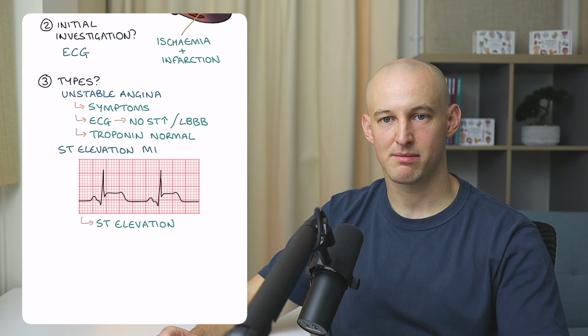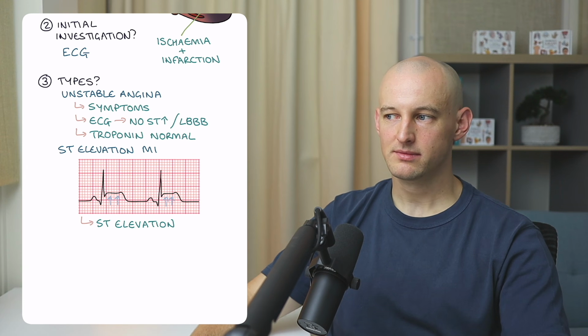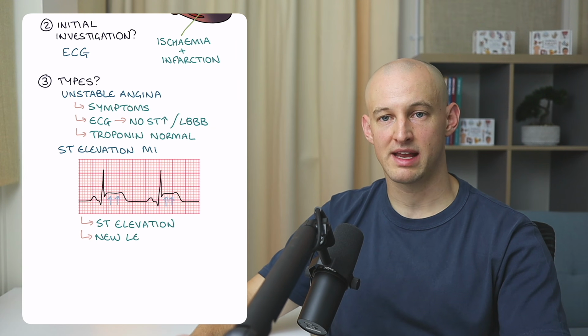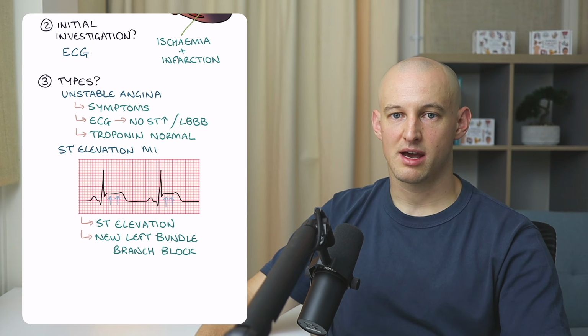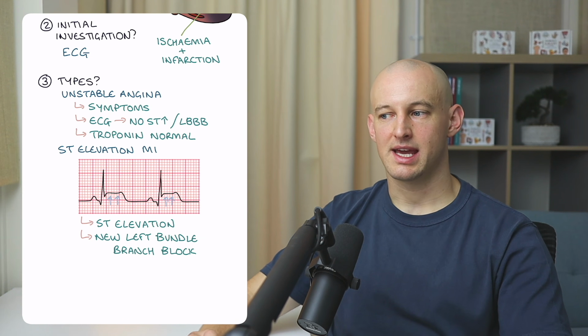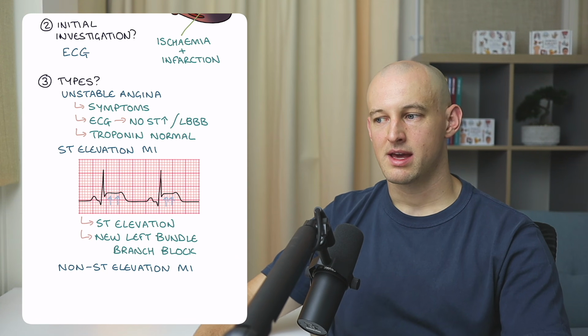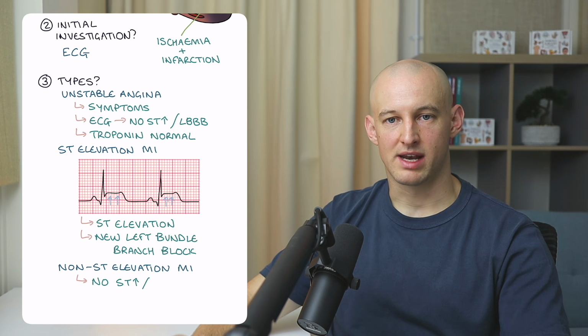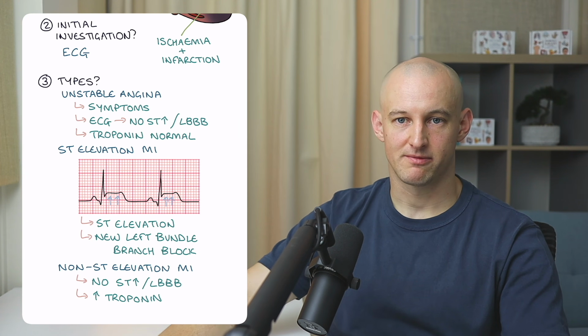So the ST segment on the ECG will be elevated, or they have a new left bundle branch block on the ECG. And the third type of acute coronary syndrome is a non-ST elevation myocardial infarction. This is diagnosed when there's no ST elevation or new left bundle branch block on the ECG, but there's a raised troponin blood test result.